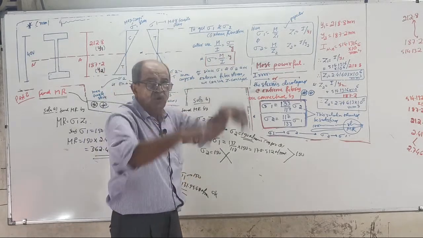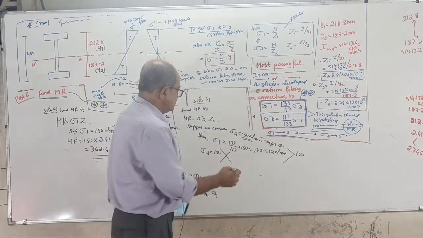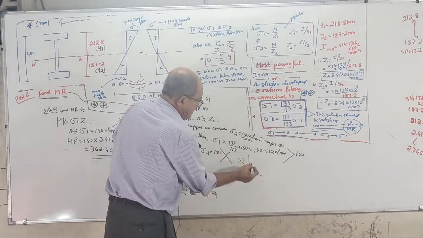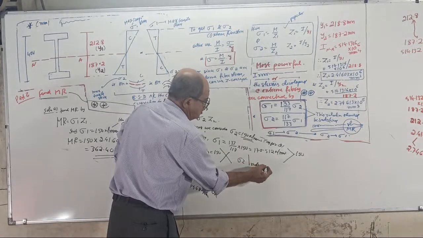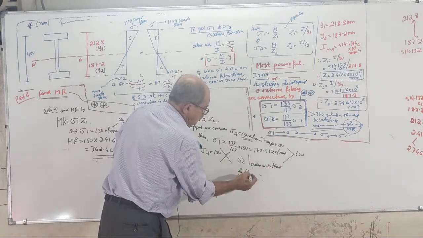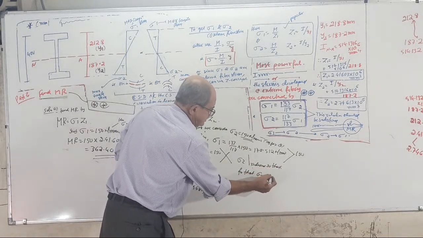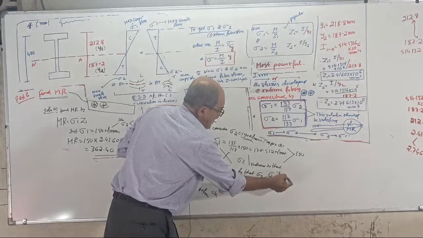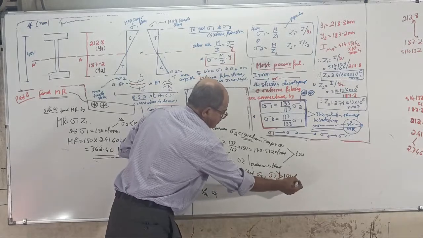You should reduce sigma 2, so that for that sigma 2, sigma 1 should not exceed 150 Newton per mm square.